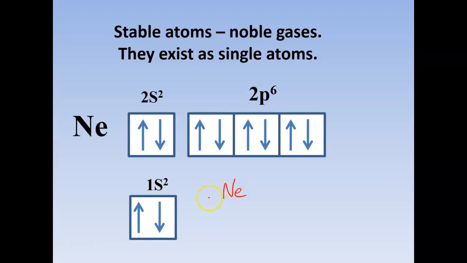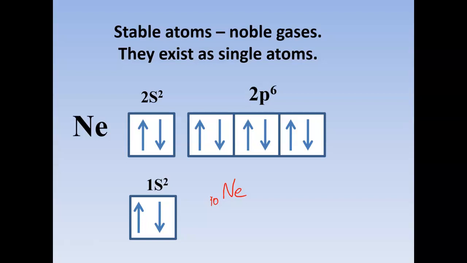So neon, its number in the periodic table is 10. That means that it has 10 protons in its nucleus, and has 10 electrons outside of its nucleus.